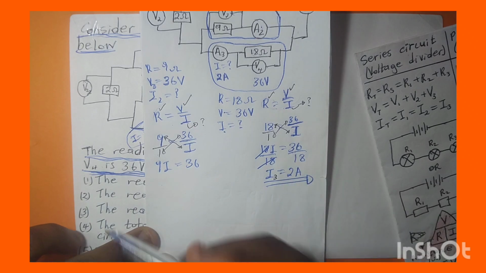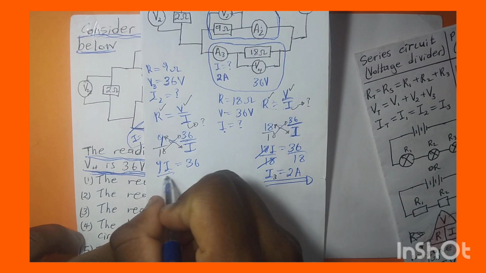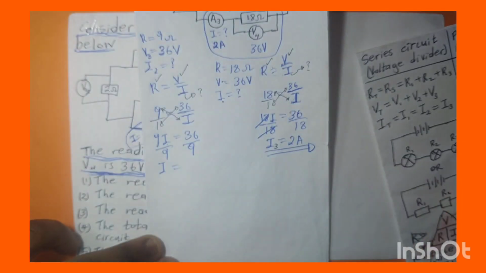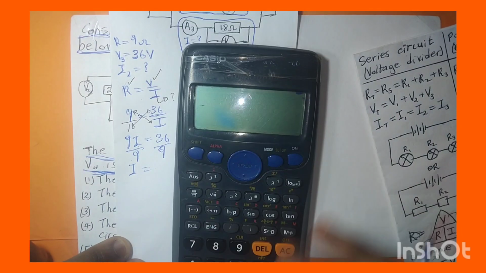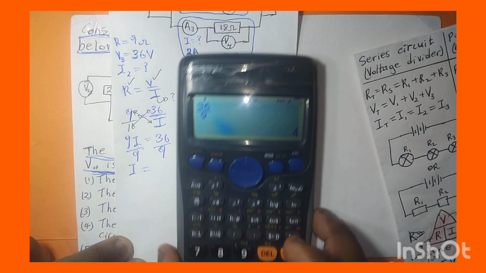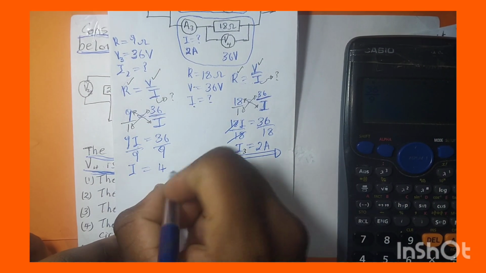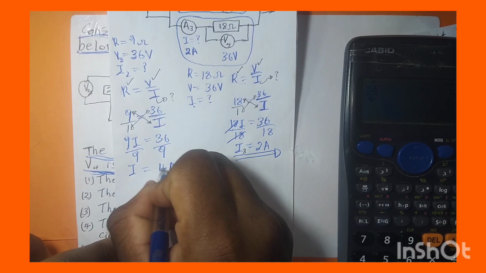Do you see? Then what is in front of what you need, you divide by it. Meaning that your I will become 36 divided by 9, using your calculator, which gives 4. So simply, it will be 4 amperes.